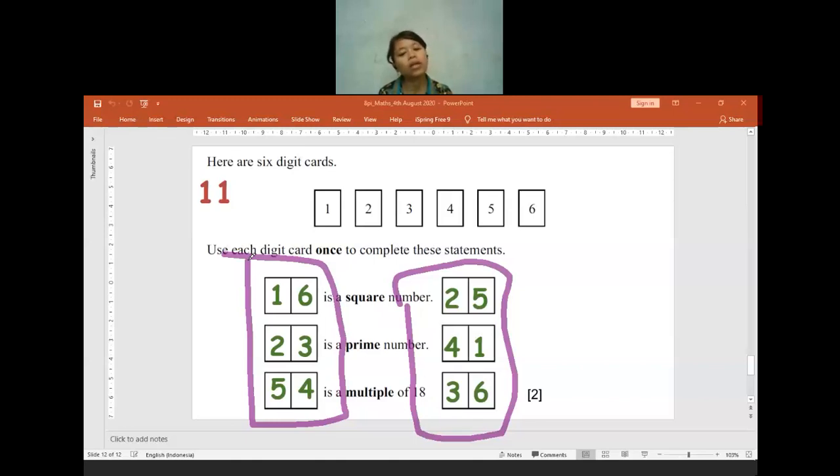But if there is no card that is repeating and you only get two correct, like the square number correct, prime number correct, but multiple of 18 wrong, you will also get 1 mark. So is there anyone confused at question 11? I think this is the only possible combination for question 11.